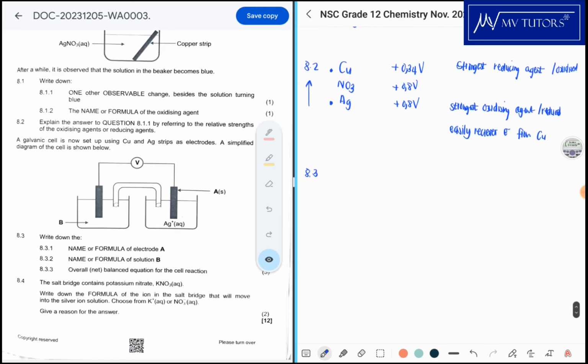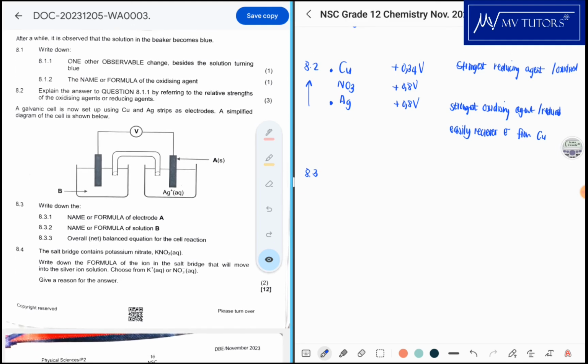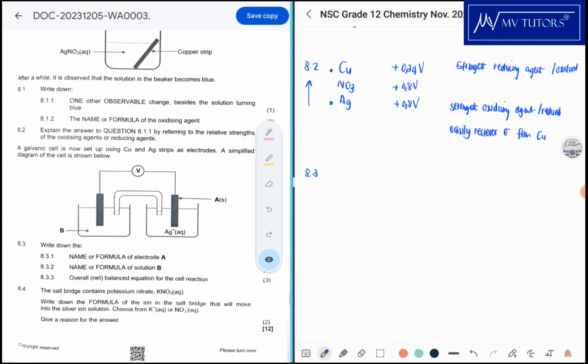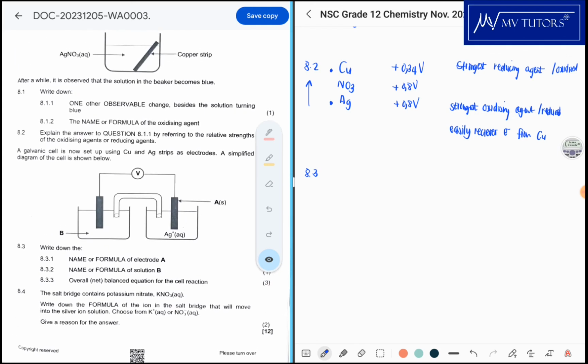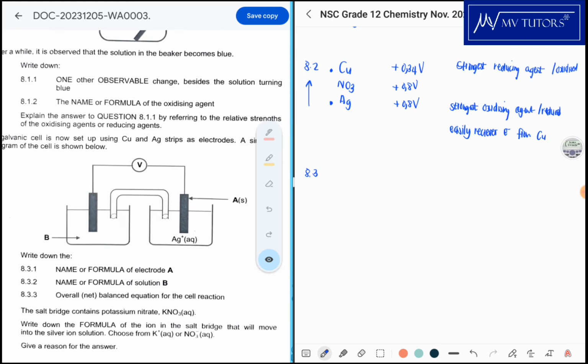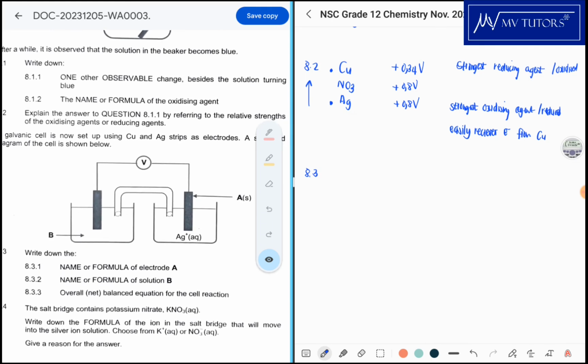So a galvanic cell is now set up using copper and silver strips as electrodes. A simplified diagram of the cell is shown below. So silver there, we've already talked about copper, we've already talked about silver. Silver will get reduced, copper will get oxidized. As a result, you can say this is the cathode, because reduction has occurred there.